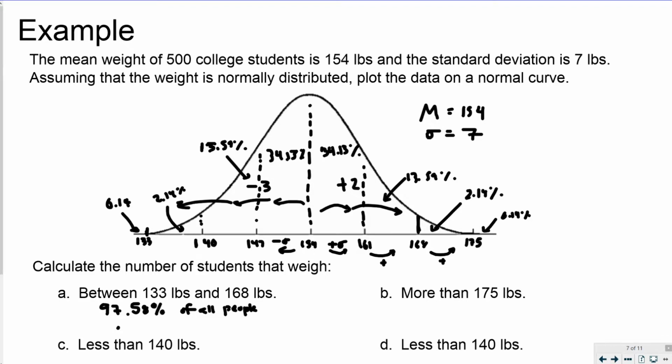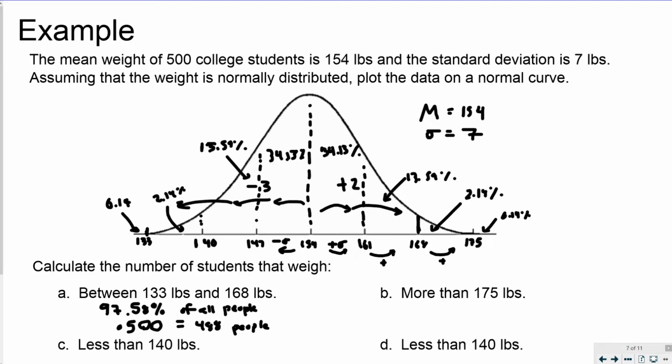I'm going to multiply it by 500, because that's how many people are in the grouping, and that is 488 people. So there are 488 people that weigh between 133 and 168.